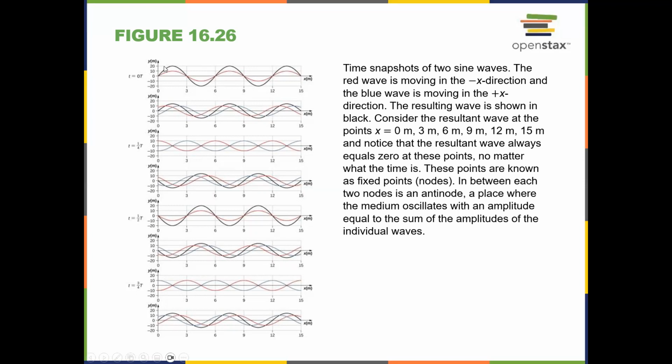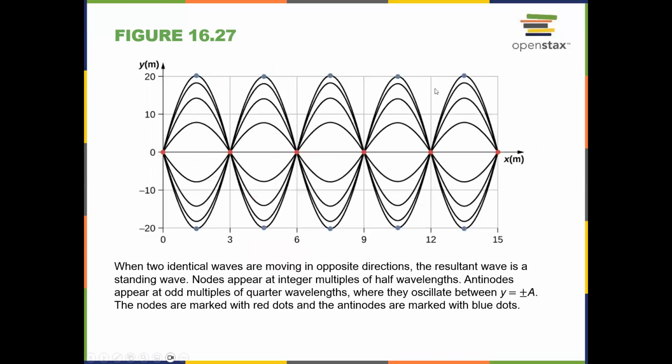But really, it's caused by two waves that are moving in opposite directions. So here would be the resultant of these two waves. What'll happen is we get these things that never move, and these are called nodes, and we get these points that move at some maximum position, and they're called antinodes.